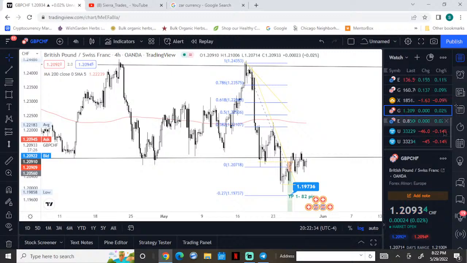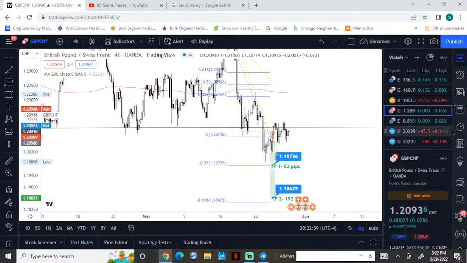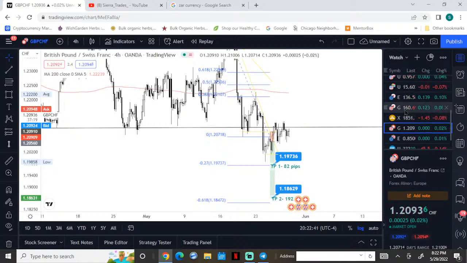This is another one I was like, oh, I see a fib. Let's see what happens. Where is GJ? It should be right by EJ. Okay, here we go.